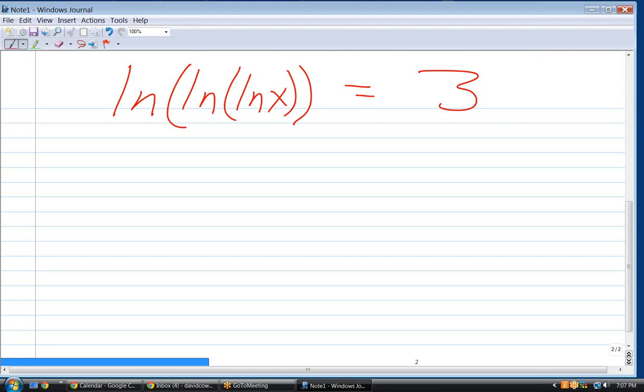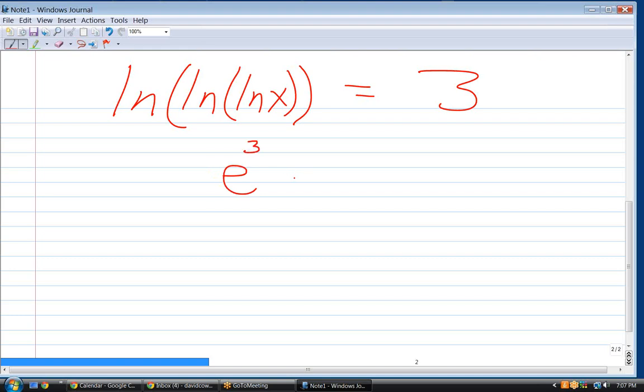Let's do this one step at a time. Starting from the outside, going in, let's convert this to an exponential expression. What's the first?